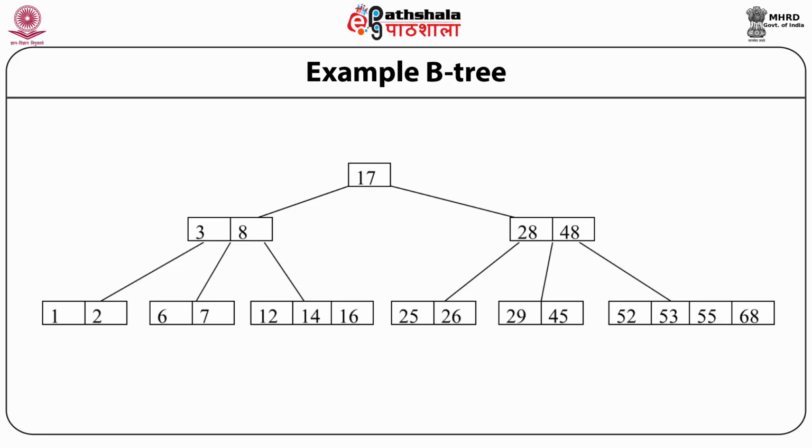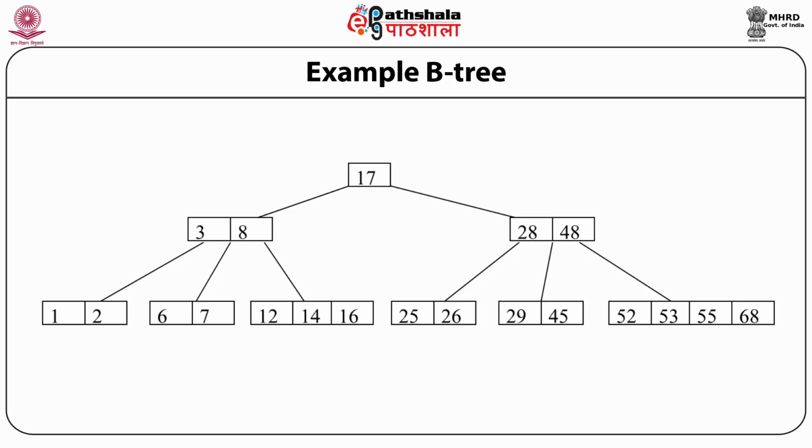In the further branching on the left, node 3 has two values, 1 and 2, to its left. Then we have node 8. To node 8 we have two values to its left, 6 and 7, and to its right we have 12, 14 and 16, which are bigger than 8. Similarly, on the right hand side we have two values, 28 and 48.